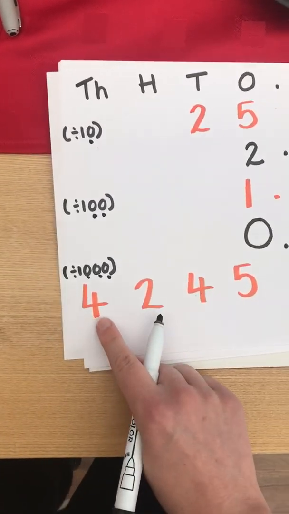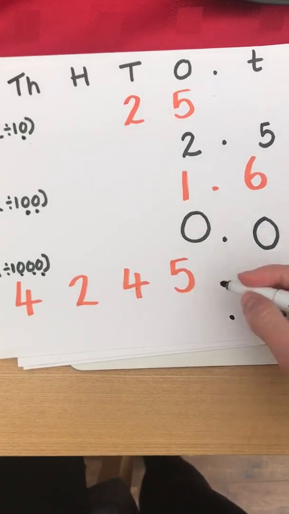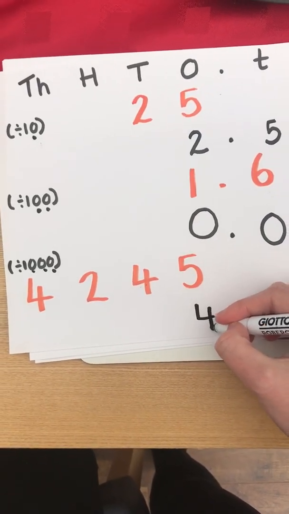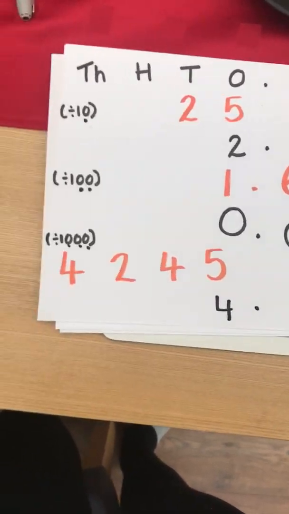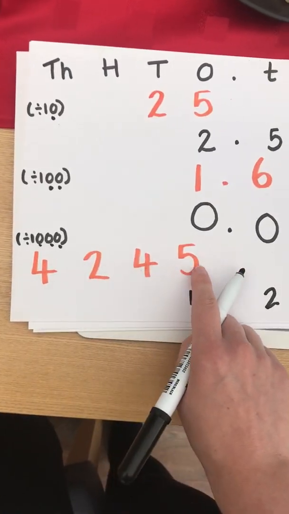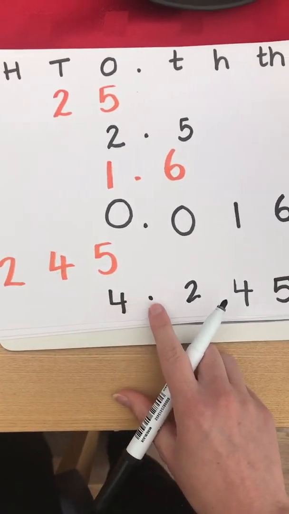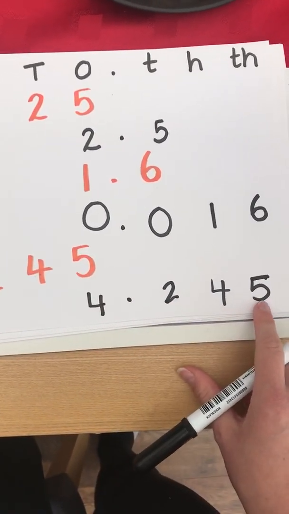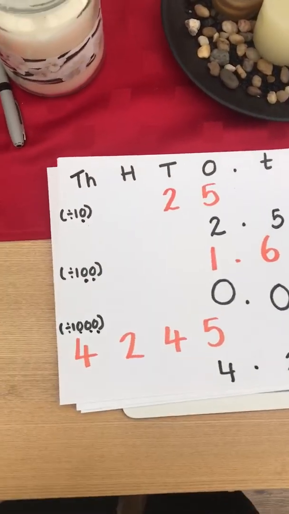And lastly, we've got our 4, which is jumped once, twice, 3 times into the ones column. So that's the number we are left with. 4,245 divided by 1,000 leaves us 4.245.